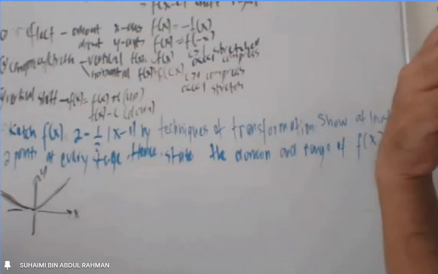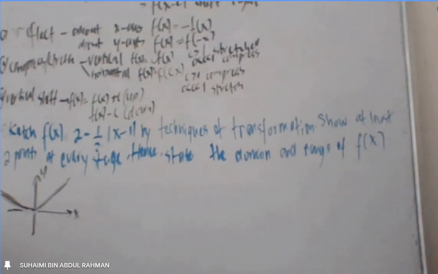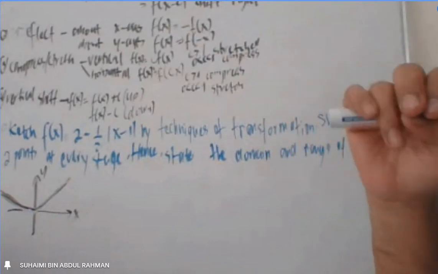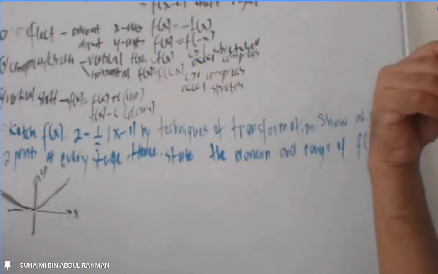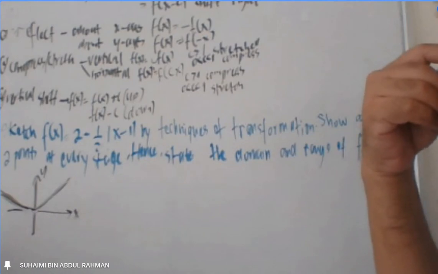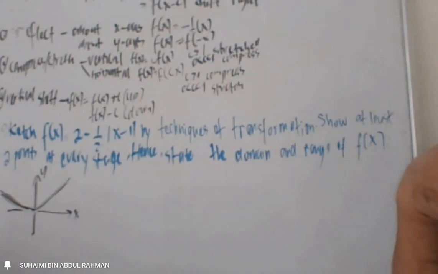What is the point there? The point is -1. The point is 1.